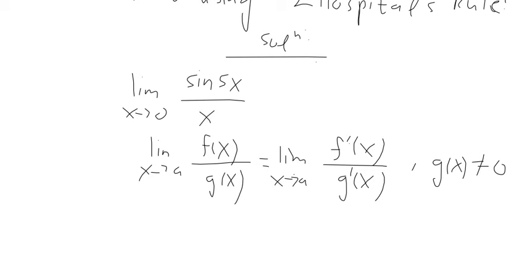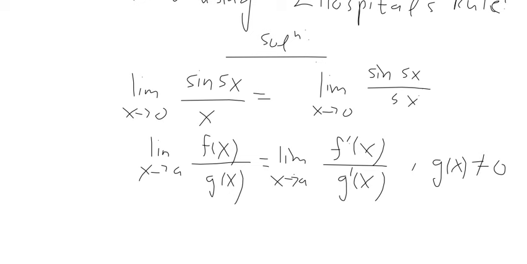Well, the first thing is that I can rewrite this as the following: 1/5 of the limit as x approaches 0 of sine 5x all over 5x, and here this would be multiplied by 5.